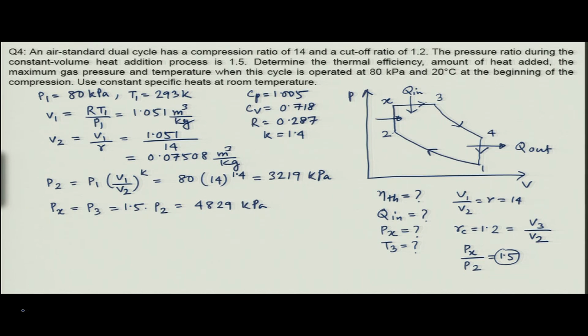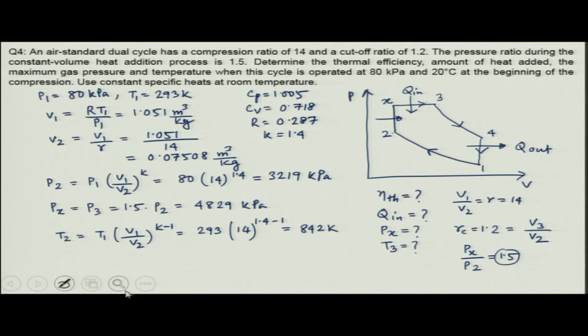Now, temperature at the end of the compression stroke, T2, can also be found. So, T2 is equal to T1 multiplied by V1 upon V2 to the power of k minus 1. So, T1 is known, 293 Kelvin, V1 upon V2 is 14 to the power of 1.4 minus 1. So, you will find T2 as 842 Kelvin. Okay.